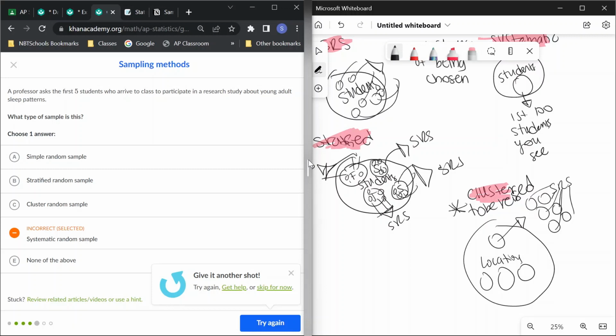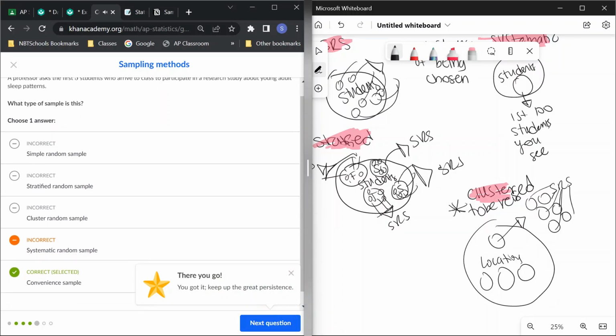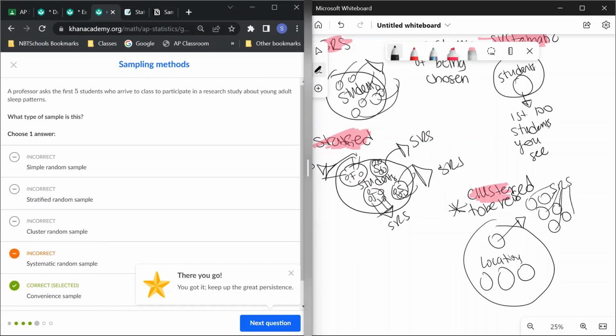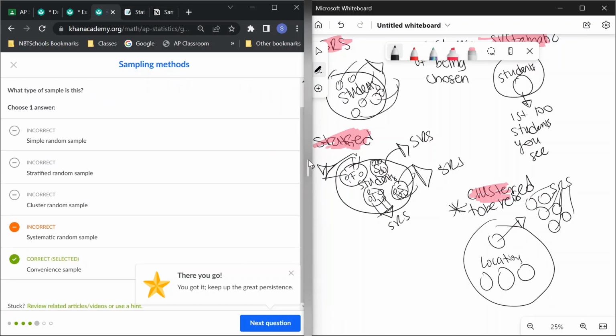What sample is this? How is it not systematic? Simple random sample, stratified random sample, none of the above. Tell me how. Oh! But it literally is a systematic random sample, because it's the first 5 students.